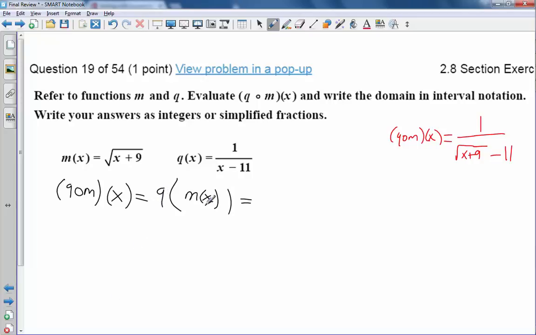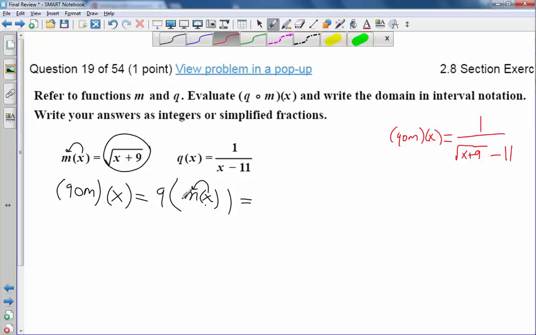So let's see first what happens to X if it's processed by M. How? It says here already, if X is processed by M, it turns into no longer just X, it gets a square root and added 9. So that's what I'm going to do.